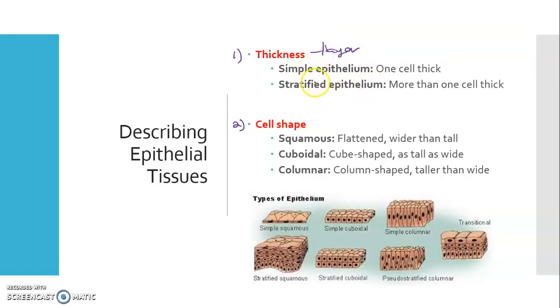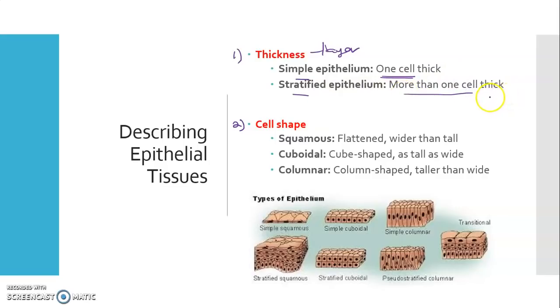So there are two types of epithelium based on the thickness or layer: simple and stratified. Simple epithelium means that it consists of one cell thickness only. Only one cell. And then the stratified consists of more than one cell thickness.